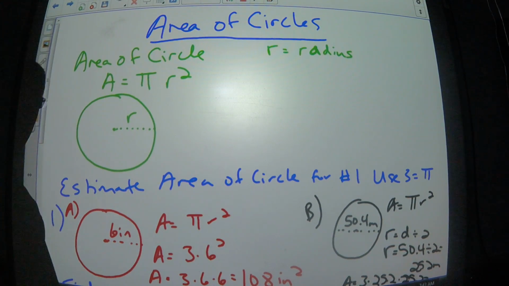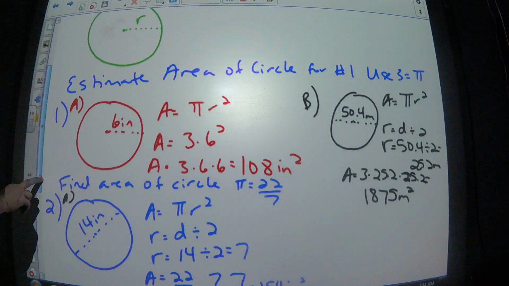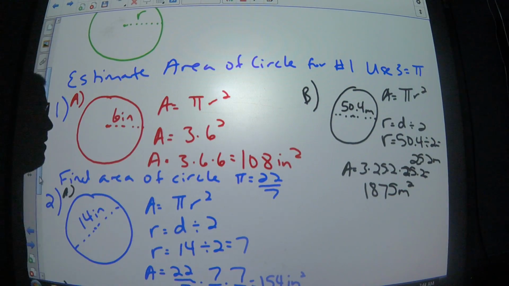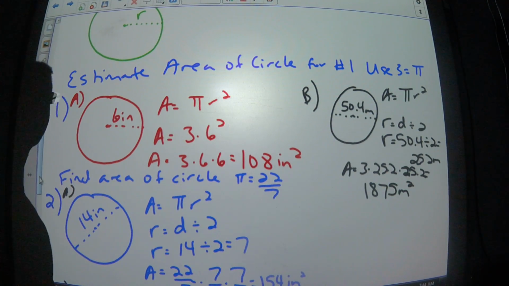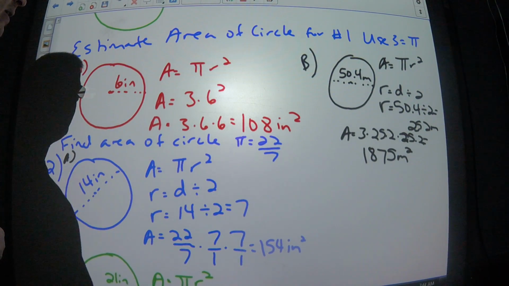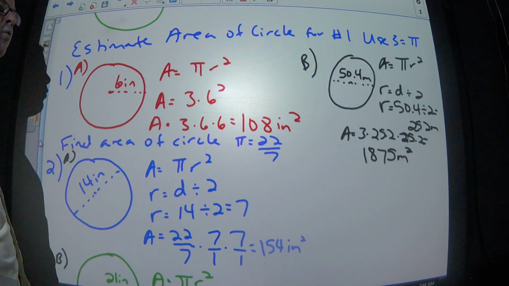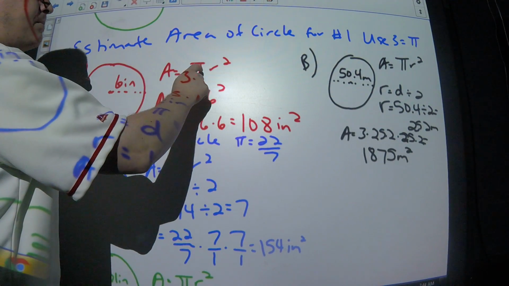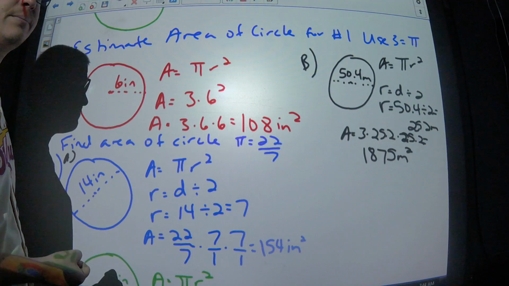So looking at the first question, they want me to estimate the area of the circle using 3 as pi. So I'm using the number 3 as pi, not 3.14. If I'm going to estimate the area, they tell me that the radius is 6 inches. And I find area by taking pi times r times r.